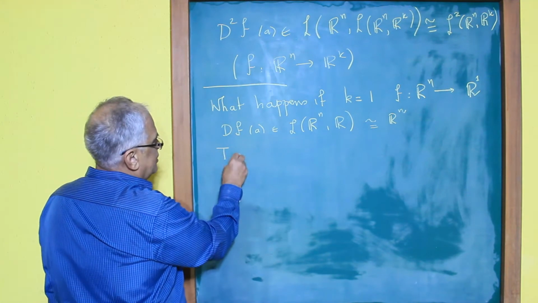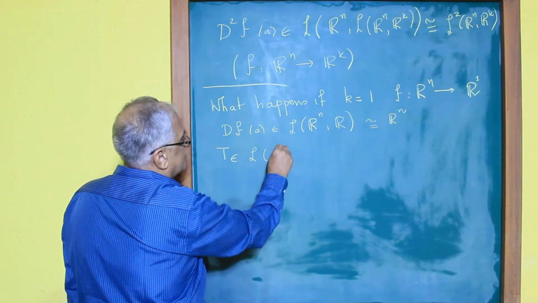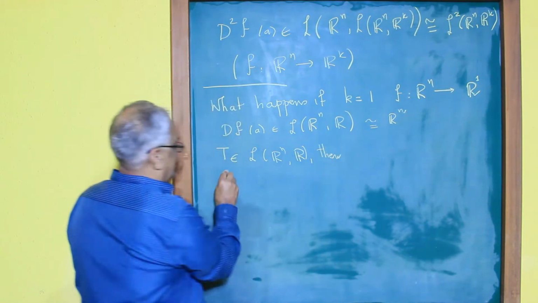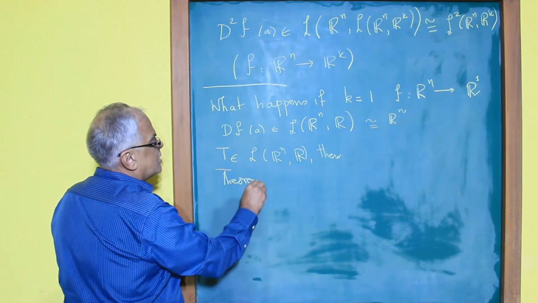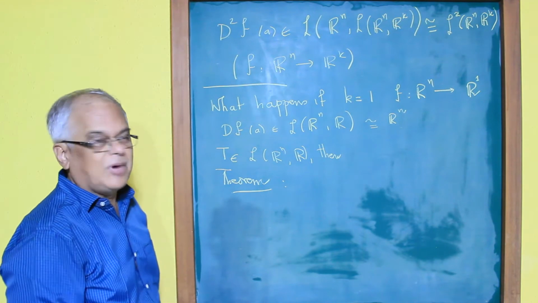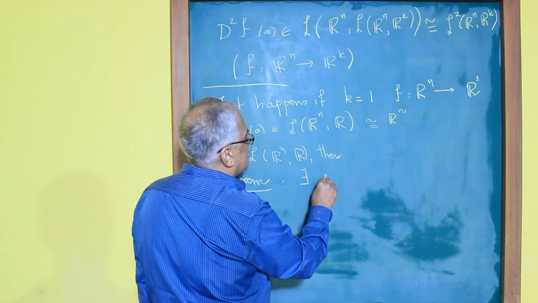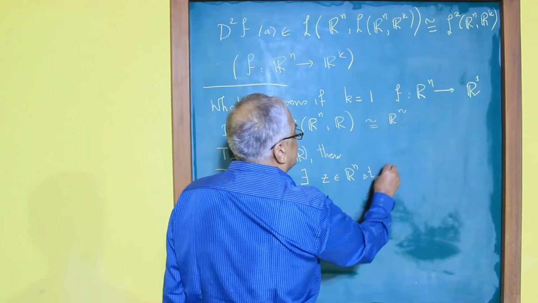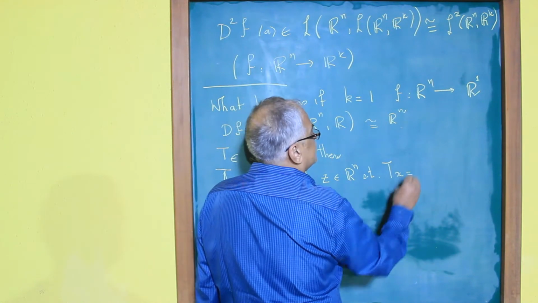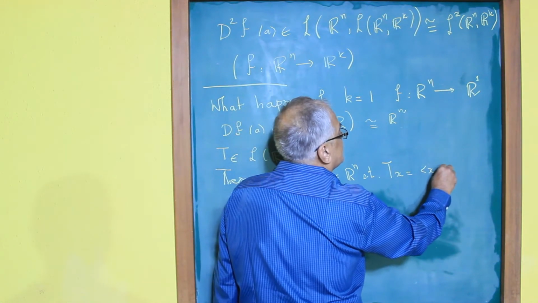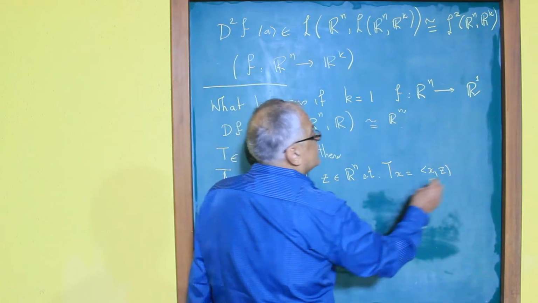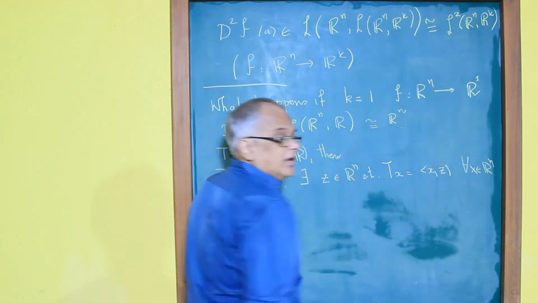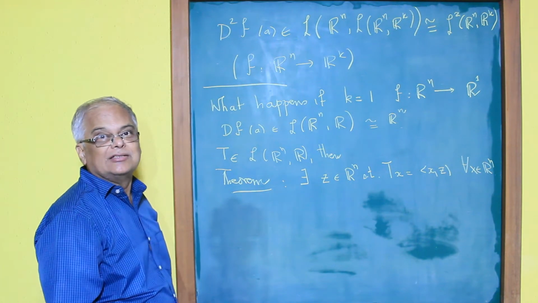If T is such a linear map, then there exists a z in Rn such that T of x is equal to the inner product of x with z. Every linear map is given by inner product against something.